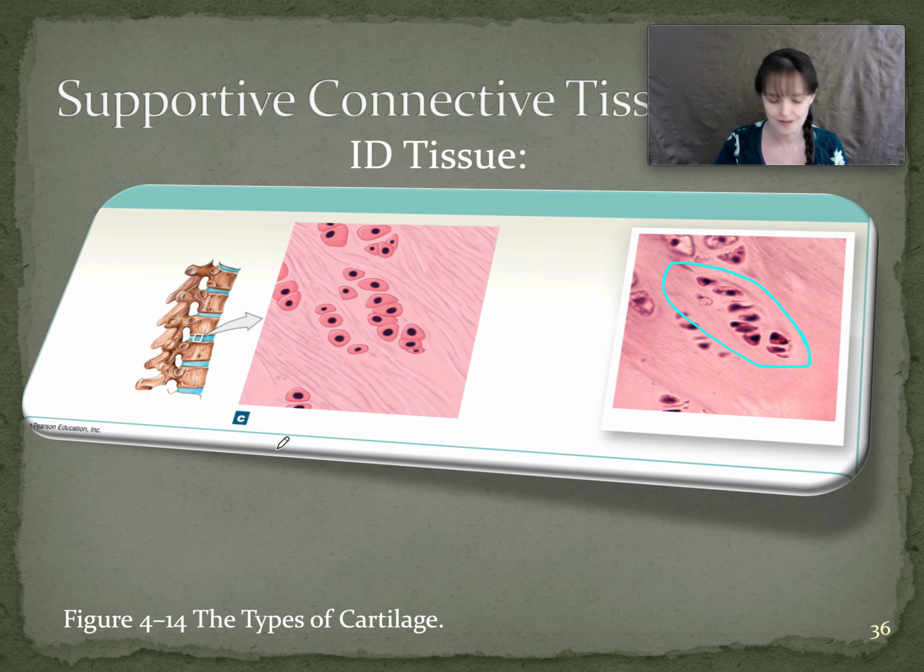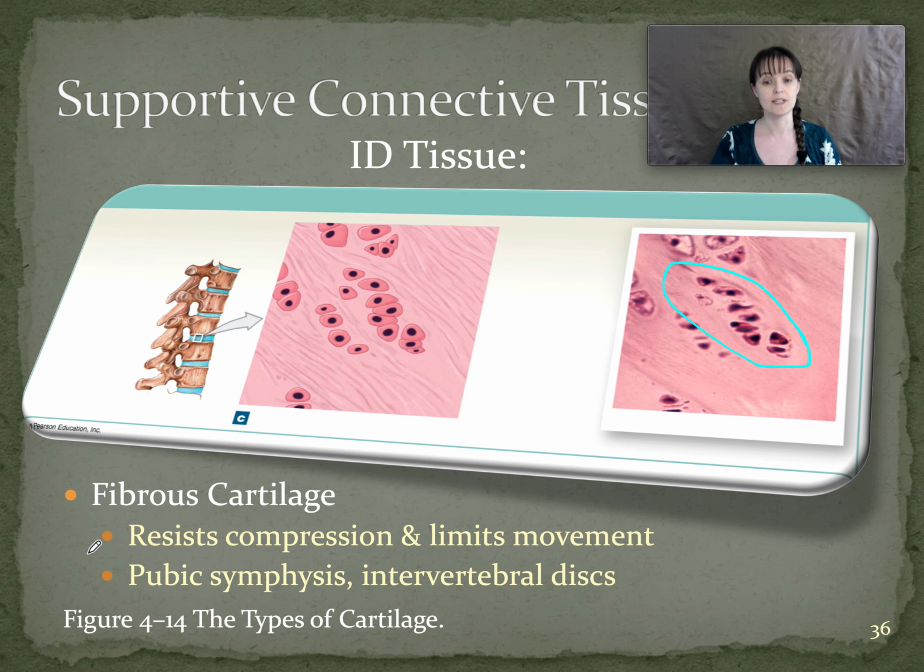This is fibrocartilage. It resists compression and limits movement. It absorbs shocks. It is found in the intervertebral discs, the pubic symphysis, and there's also some fibrocartilage.